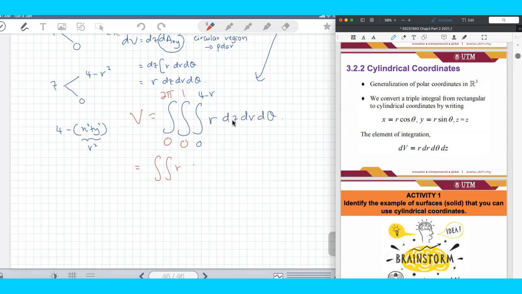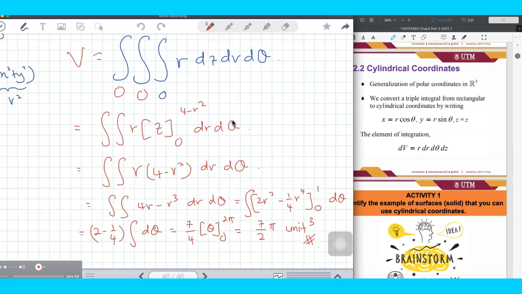So r z from 0 to 4 minus r squared, dr d theta. So you have 4 minus r squared, times r, dr d theta. When we expand, we have 4r minus r cubed, and we integrate with respect to r. We have 2r squared minus 1 over 4 r to the fourth, and then we replace the limit of r. After that we integrate with respect to theta, d theta, and we will get 7 pi over 2.